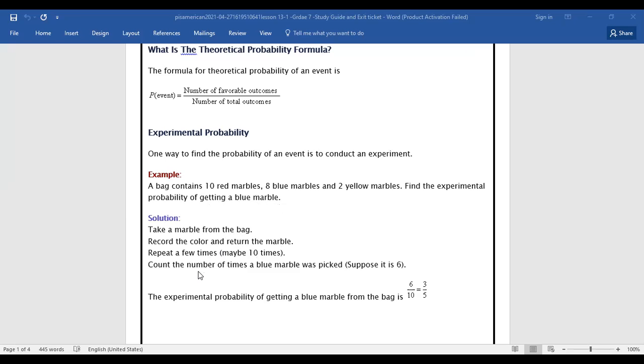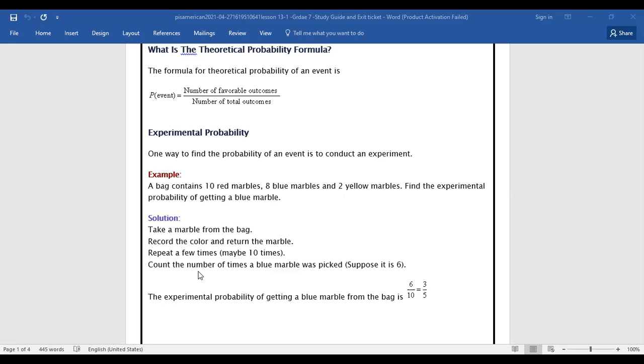So in this one, we have to make an experiment, right? And we said that we are going to repeat this experiment how many times, grade 7? We will repeat the experiment 10 times. And what are the colors in this bag? Red, blue, and yellow. Thank you.